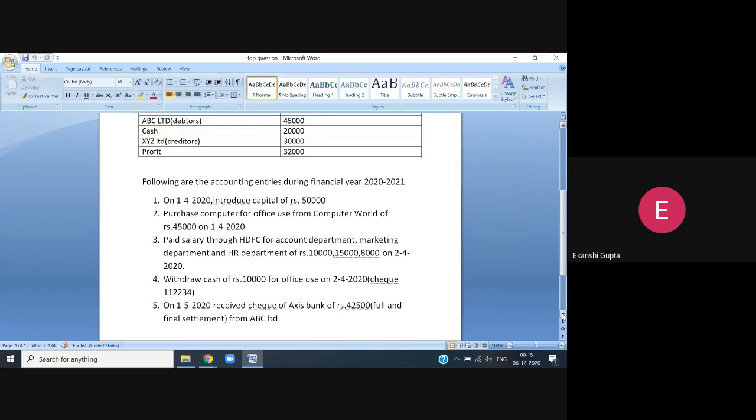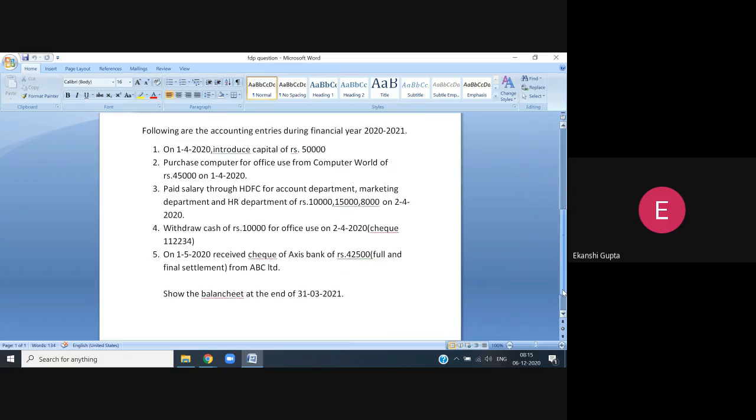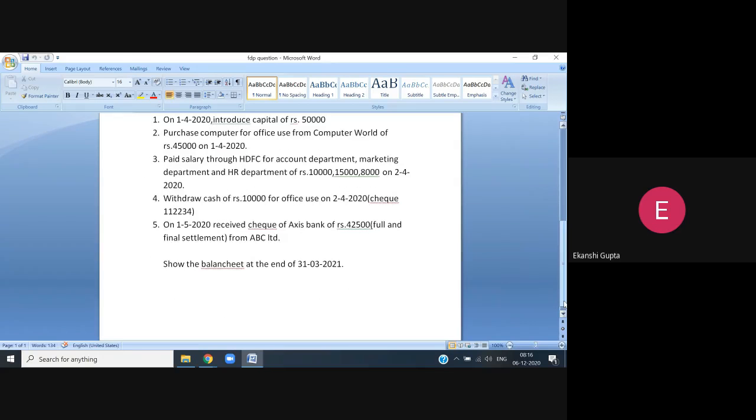Fifth entry, on 1st May 2020, received check of Axis Bank of rupees 42,500 with full and final settlement from ABC Limited, who was our debtor. Show the balance sheet at the end of 31st March 2021.